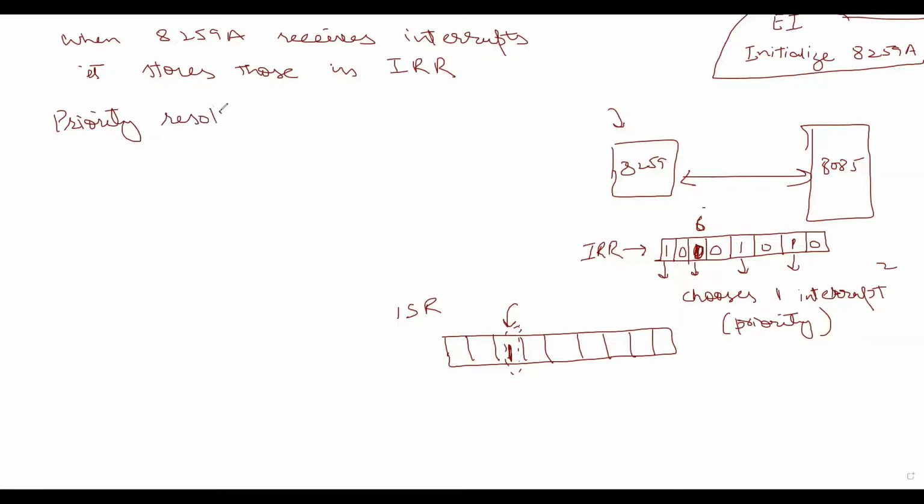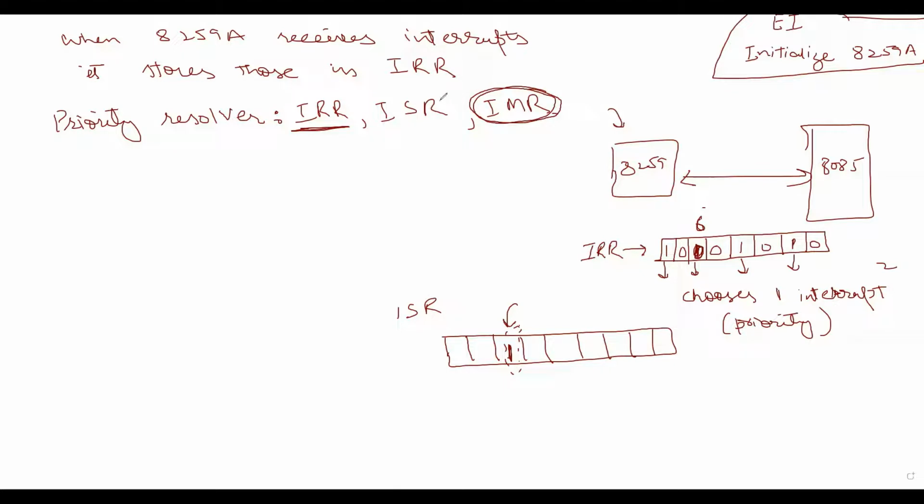This particular component takes the contents of IRR, ISR, and IMR. So this priority resolver will check this register. From this register, it will get the information about the pending interrupts. What are the interrupts there? From this masking register, it will see which interrupts are to be ignored.